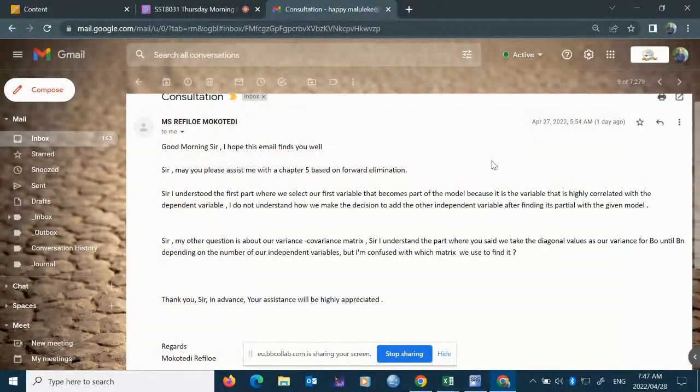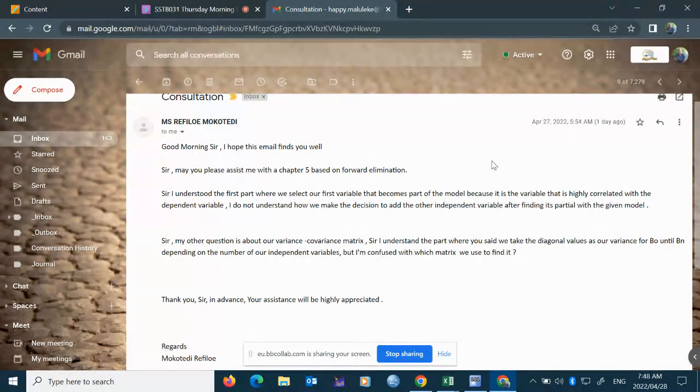Again, you calculate r squared of x2 given x10, then x3 given x10, up to the end. Now you check which one is having the highest value. The one with the highest value will follow x10.